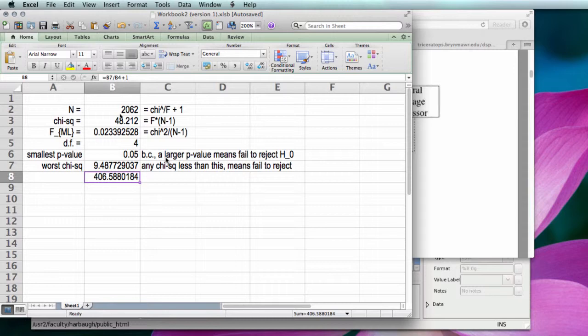So this says if I had had a sample size of 406, my chi-square value would have been below the cutoff. It wouldn't have been in the critical region.